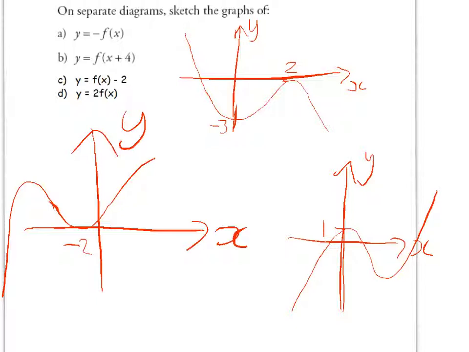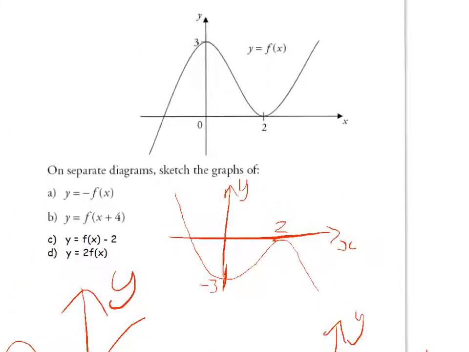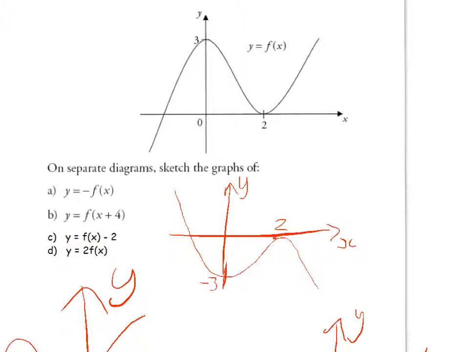And the final one is very similar to the first one, y equals 2f of x. So this means it's going to be stretched up the y-axis. Now, as this value here must have been 0, that's going to stay where it is, because 0 times 2 is still going to be 0. But this value here, instead of being 3, it's now going to be twice as big, so it's going to be 6.